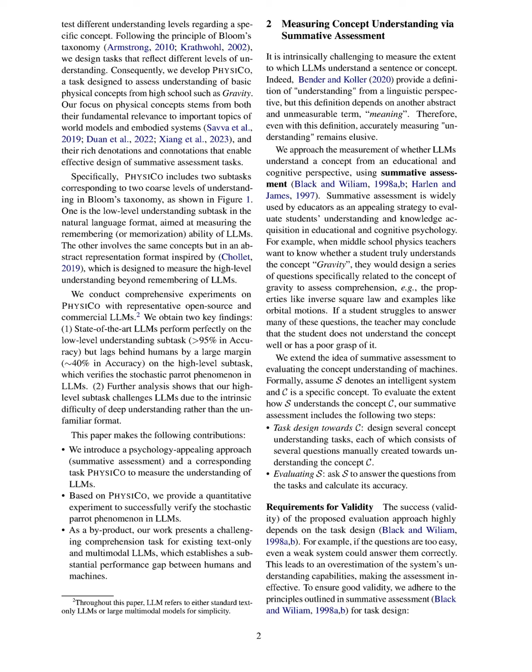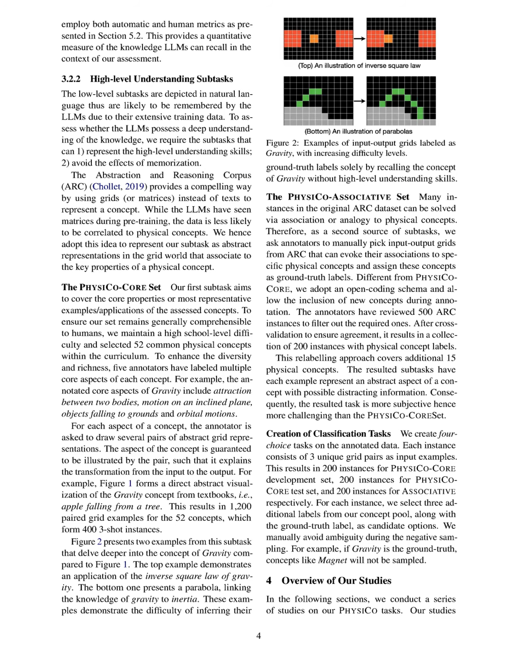We employed accuracy as the primary metric for performance evaluation, measuring how well LLMs could answer questions related to the core properties and applications of physical concepts. The datasets included a collection of 1,200 paired grid examples for the Physico core set and 200 instances for the Physico associative set, which were manually annotated to ensure diverse and challenging representations of physical concepts.